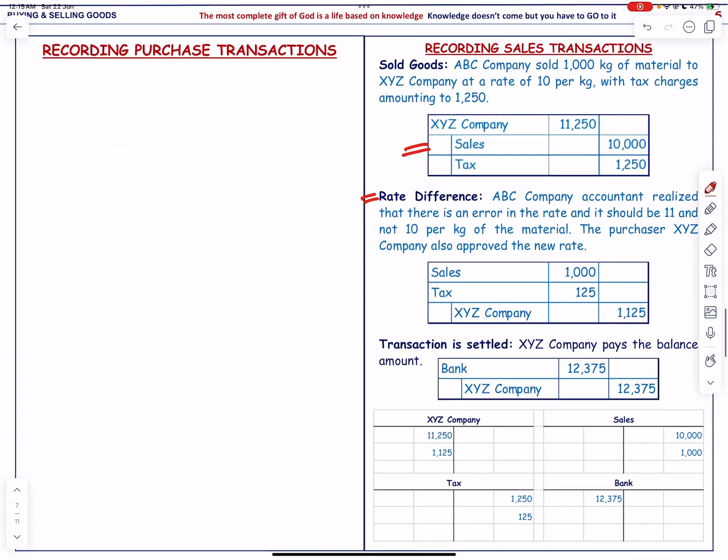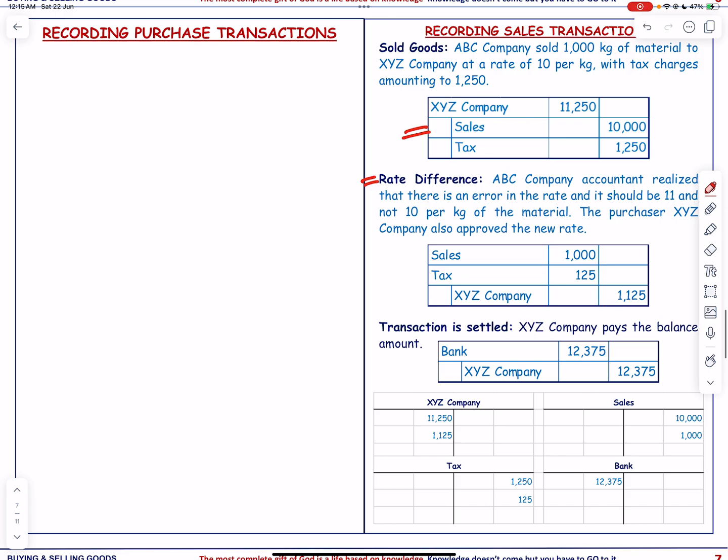Let us go further. There may also be a need to increase the sales amount, and we will talk about it now. So in this case, suppose the accountant has erroneously applied a lower rate to calculate the total sales.